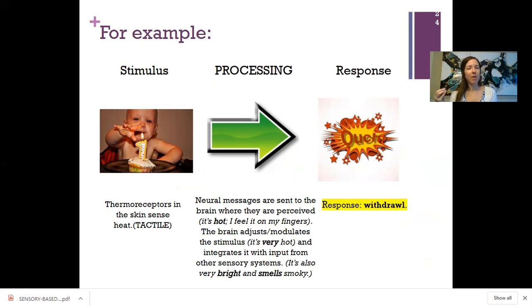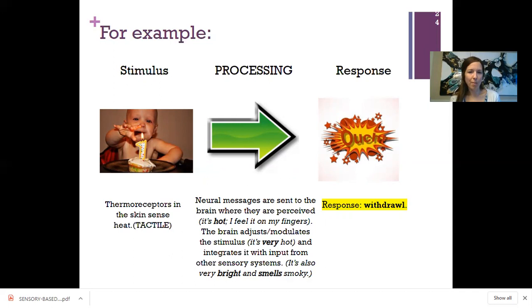It goes to the brain, and that sensory information goes to a very specific part of the brain. And so it's detected, basically this is heat, it's perceived, okay, I'm feeling it on my fingers, and ooh, it's very hot. And then it's modulated, where you know that this is a very, very hot flame, and it's not just something that's warm.